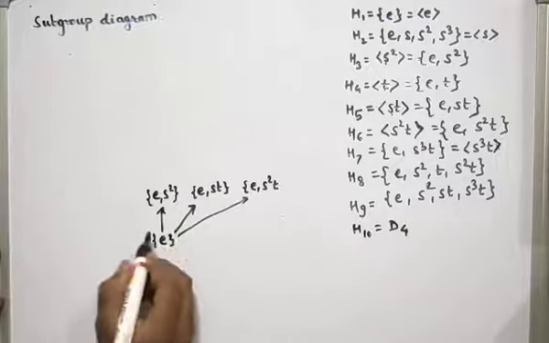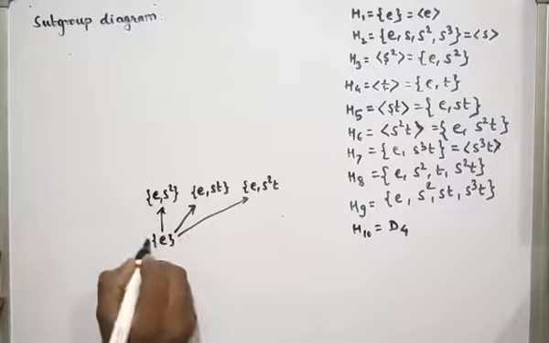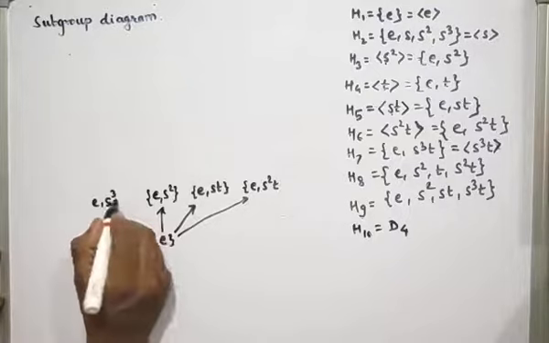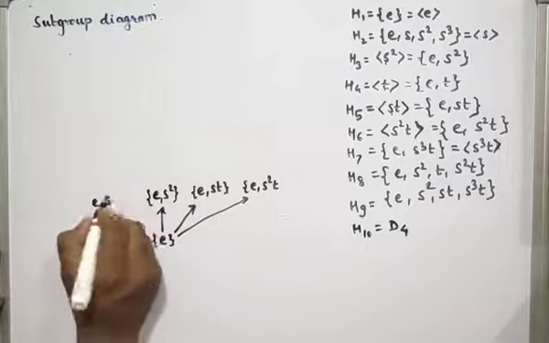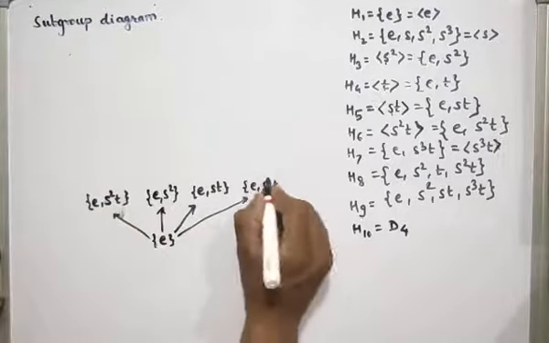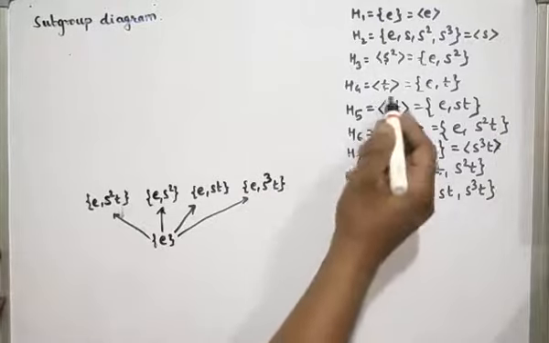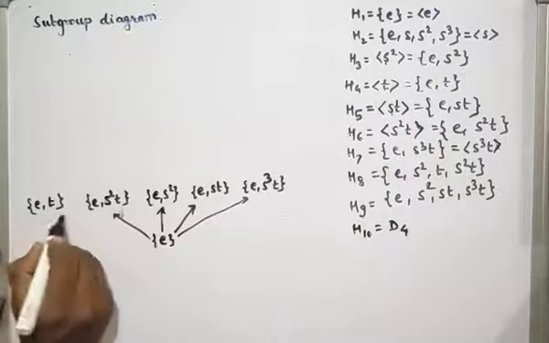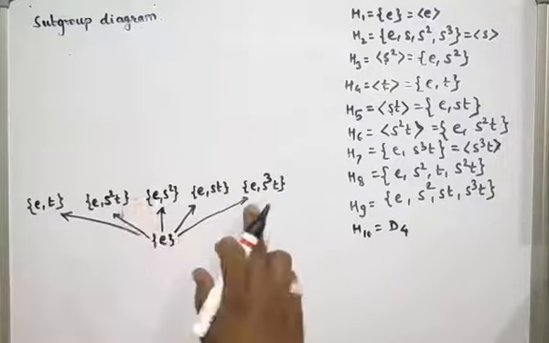Now again identity, S cube, or I will write here identity, S square T, and here S cube T, and last which is identity T, sorry, not ST, which is T. So this is a subset of all this.